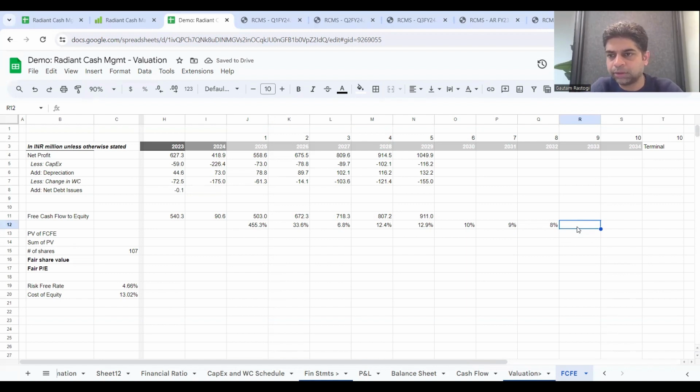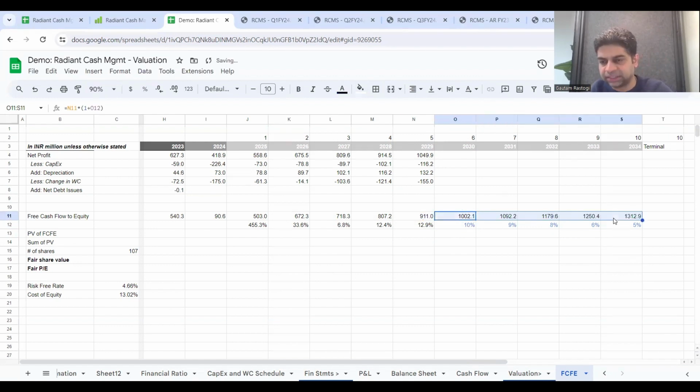And then 6%, 5%. Since these are hard-coded numbers, as a convention, let me put them in blue. And so my free cash flow to equity would grow by these assumed growth rates.